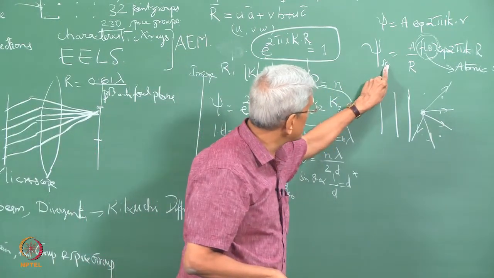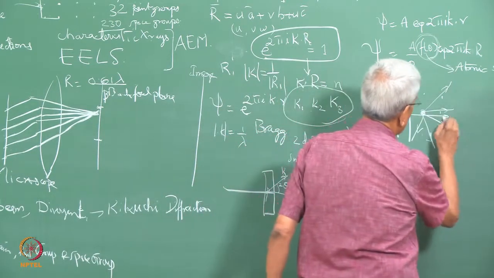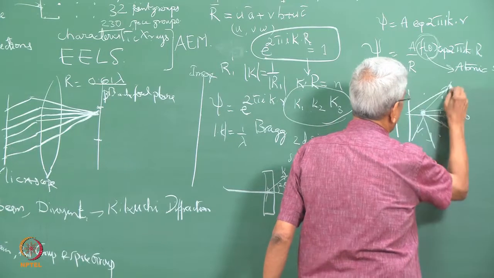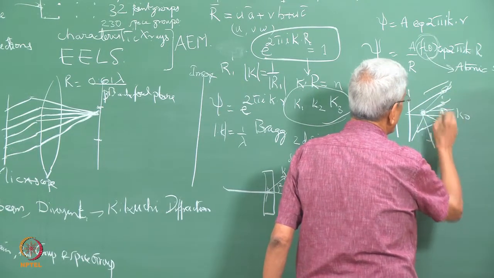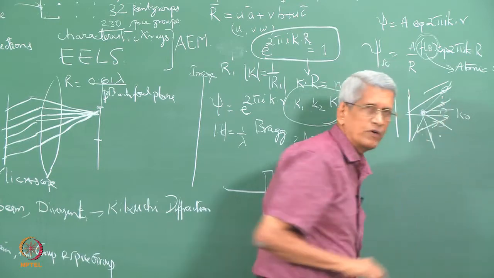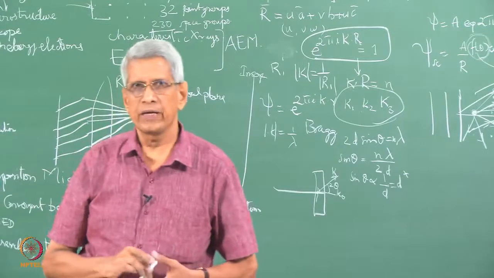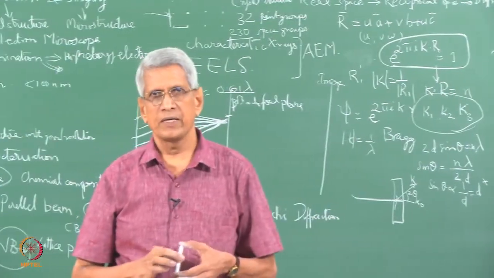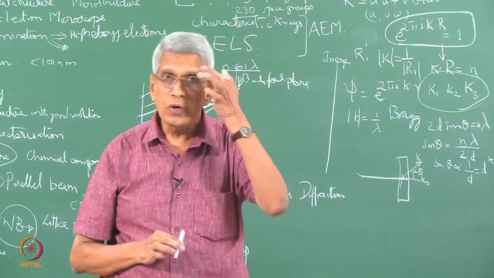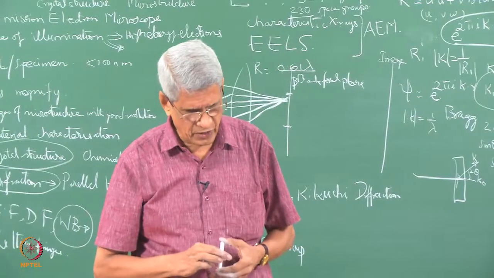But what is essentially important is, in a specific direction, if this is the incident beam direction k0, in another direction from all the atoms, how that scattering is going to take place. If all the scattered waves, their amplitudes add together, then we say that constructive interference has taken place. That is what gives rise to a diffraction pattern. All these aspects we have studied.